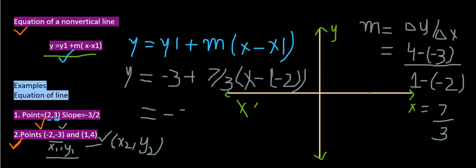Here we can conclude our values in this form by multiplying the slope inside the brackets.